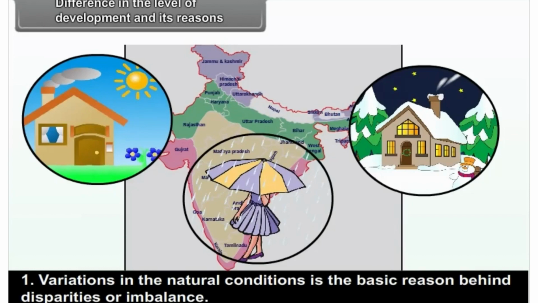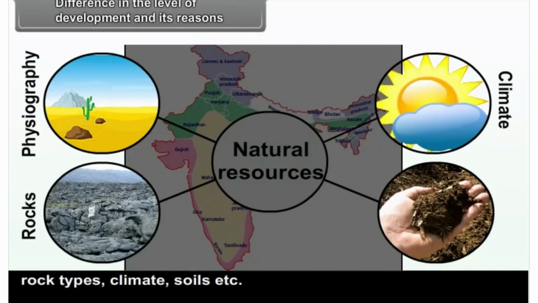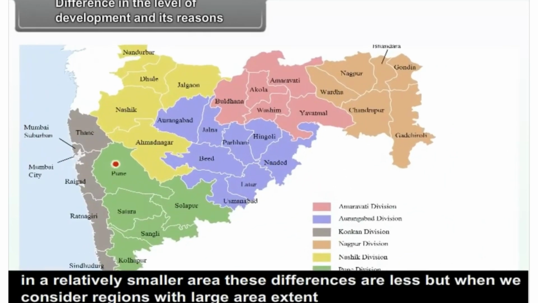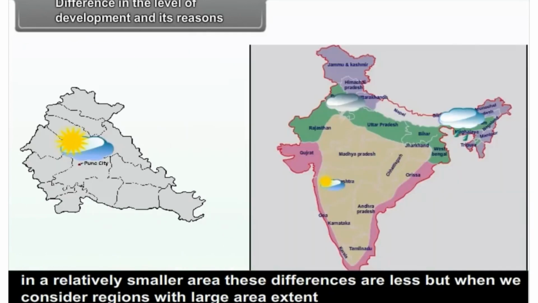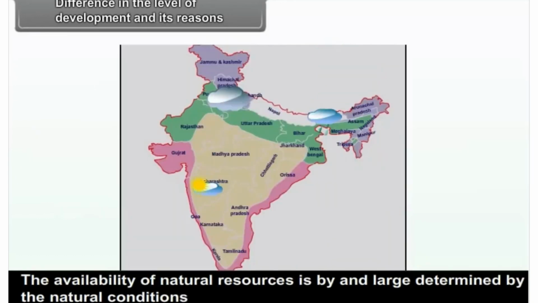Variations in the natural conditions is the basic reason behind disparities or imbalance. There exists considerable difference in physical conditions of different regions in terms of physiography, rock types, climate, soils, etc. In a relatively smaller area, these differences are less. But when we consider regions with large area extent, differences in natural conditions of various parts of the region become prominent.